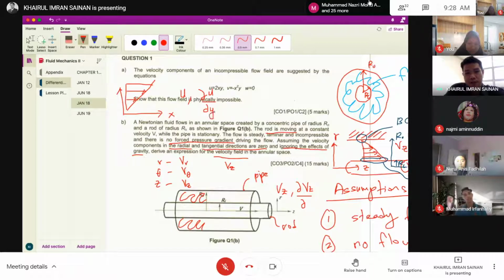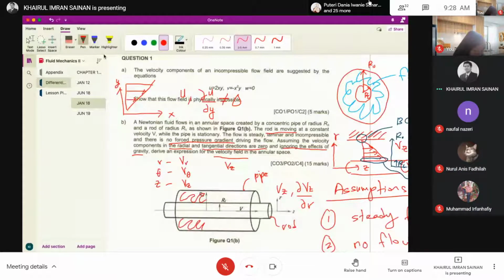Towards y, right? It's not equal to 0. So meaning u changes with y. So how about this one? Vz changes with what? Yeah, very good, dr. Del vz changes with dr.